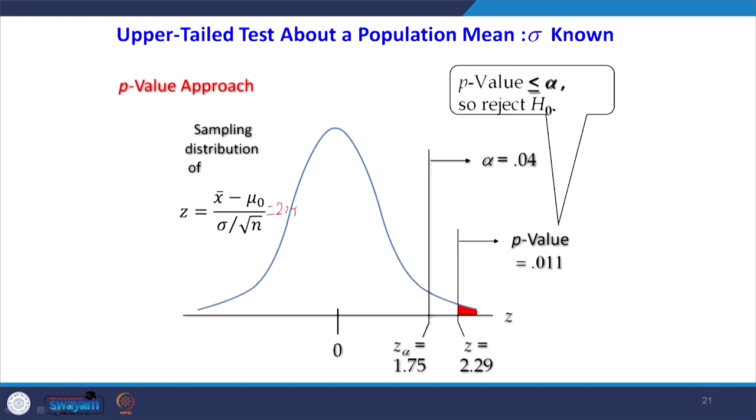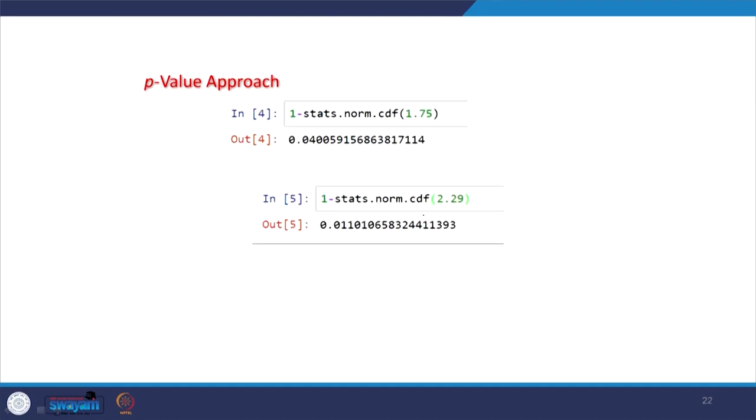See that when the z value is 2.29, stats dot norm dot CDF will give you the left side area. When you put 1 minus stats dot norm dot CDF of 2.29, it will give you the right side area. The first one is actually not required here, because the alpha value is directly given.